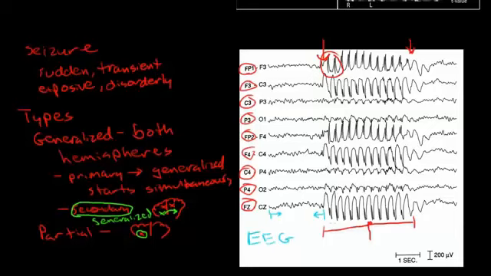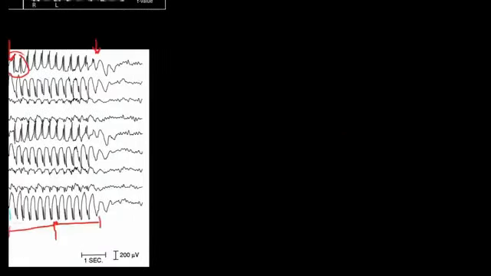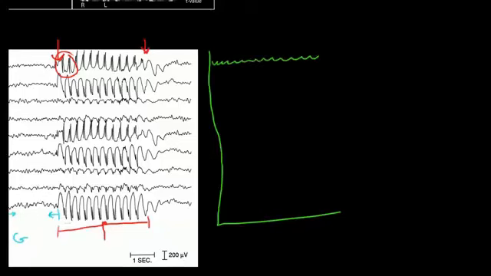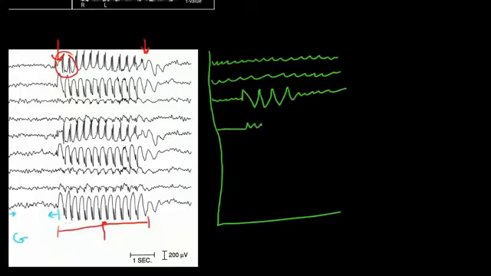Okay, so what would a partial seizure look like on an EEG? Here, let me scoot over here and I'll show you a partial on an EEG. So if we had an EEG here, we would have maybe a normal waveform continuing here and here, but this third waveform will have some seizure activity, and maybe this other waveform will have some seizure activity, but all the other ones remain the same.